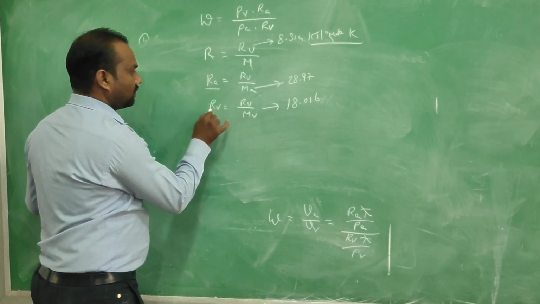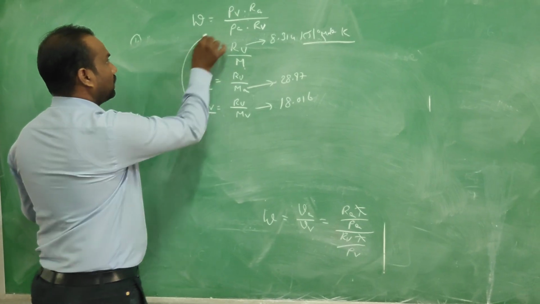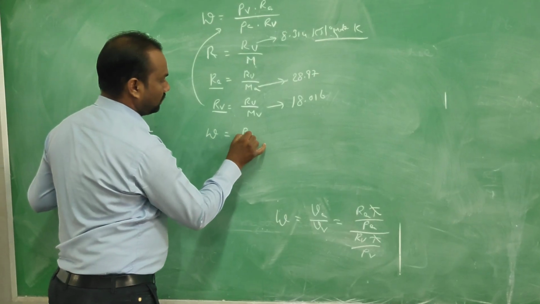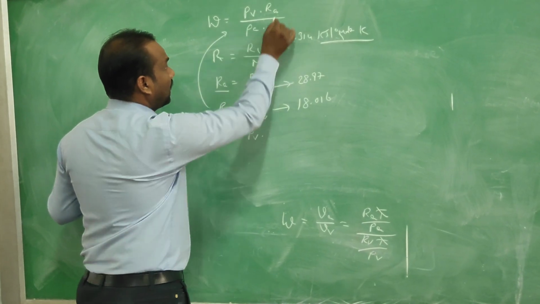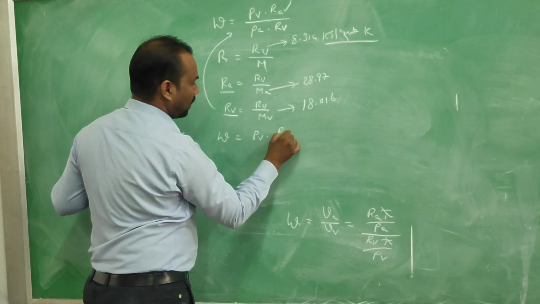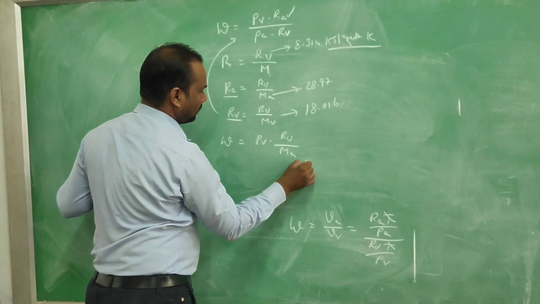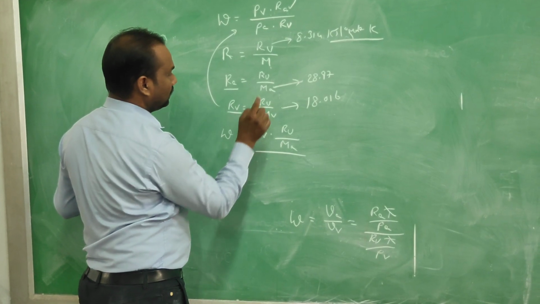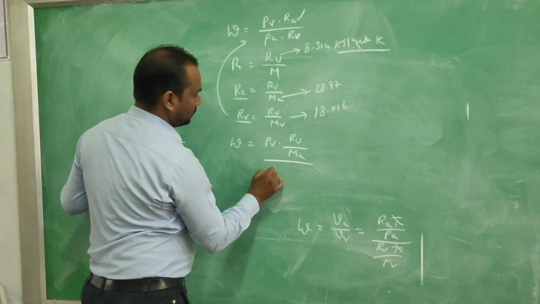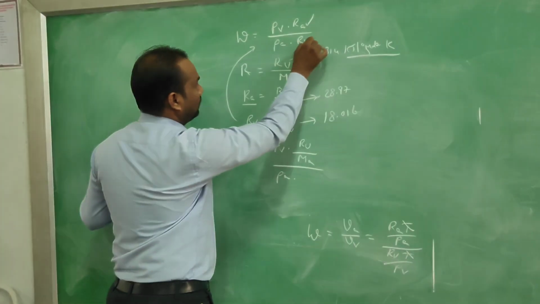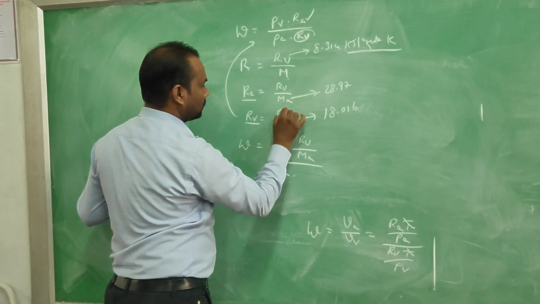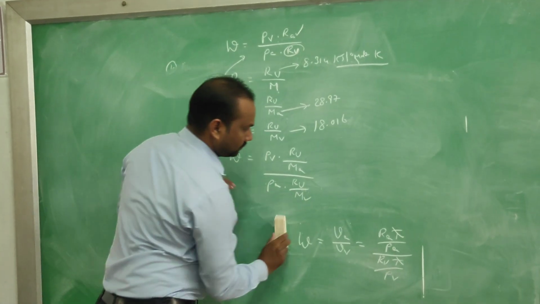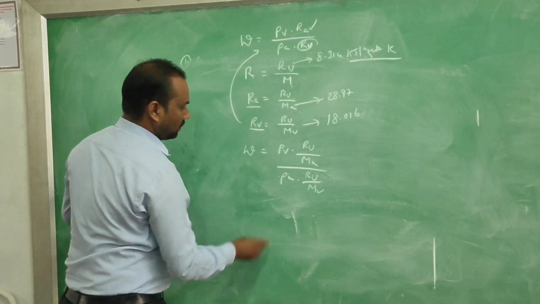Then substitute this RA value and RV value in the above equation. Therefore, omega is given as PV into RU by MA divided by PA into RU by MV.